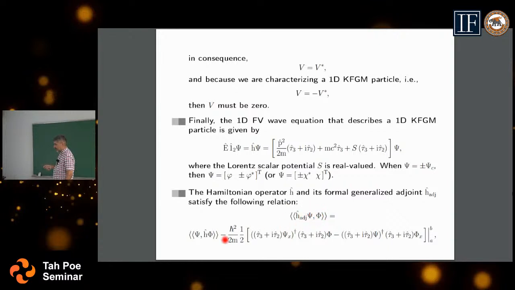The left-hand side is equal to the right-hand side, but you have a boundary term. There is a lot of physics inside this boundary term. Look at the boundary term. It's written in terms of a wave function of two components, but also you can write this term in terms of a one component wave function, the solution of the standard Klein-Fock-Gordon equation.